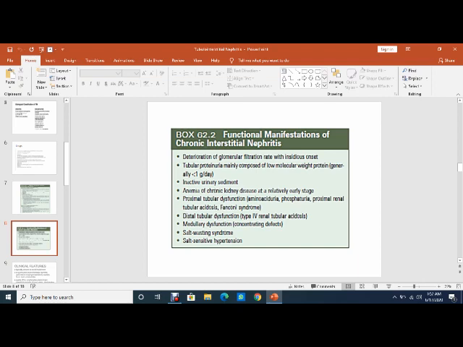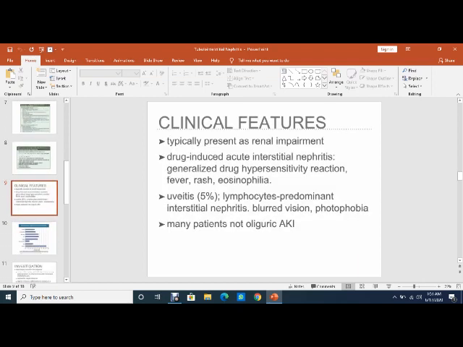Salt wasting syndrome is the condition in which the sodium is lost in the urine. The causes of the salt wasting syndrome are analgesic drugs or tubulointerstitial nephritis. There are also CNS causes, cerebral salt losing nephropathy, and salt sensitive hypertension.